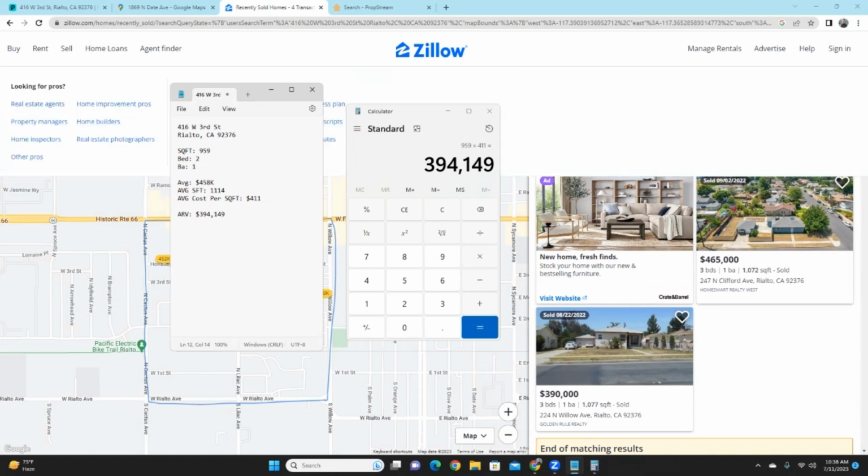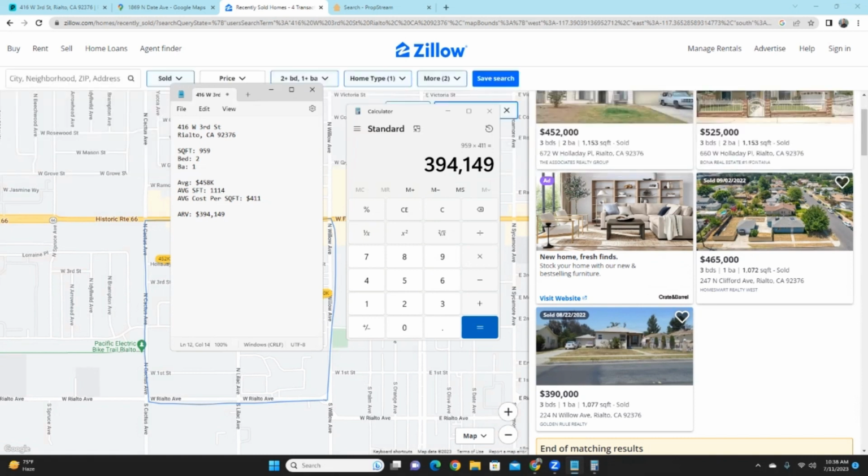That's what the comp means, right? Comparison. So this one right here would be our comps. Our comps are 4 similar properties sold in the last 12 months.